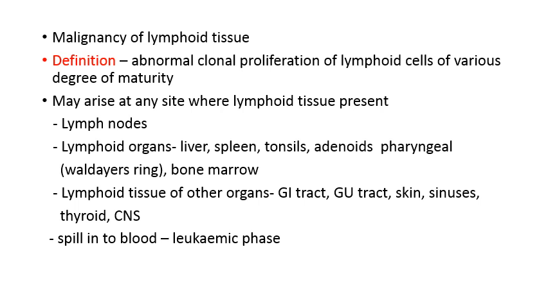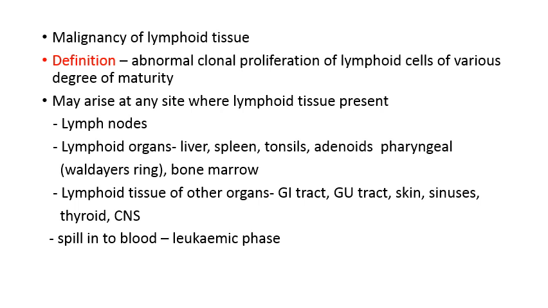Now, what are the sites where you get lymphoid tissues in the body? Firstly, lymph nodes, and then you get the lymphoid organs like liver, spleen, tonsils, adenoids, the pharyngeal ring, we call it Waldeyer's ring, and also bone marrow.